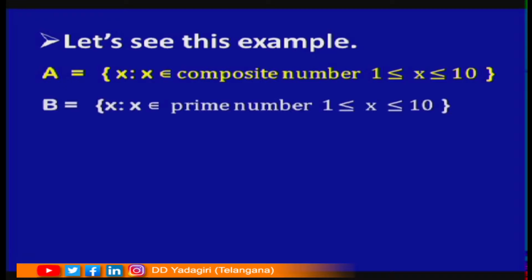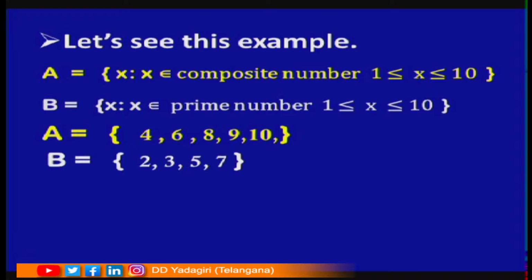B is the set {x such that x is a prime number, 1 ≤ x ≤ 10}. Whenever you come across sets in set builder form, the first step is to convert each set into roster form. That means list out the elements clearly. Whenever you list out the elements clearly, it is very easy.